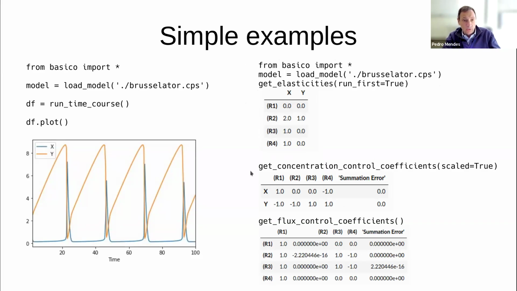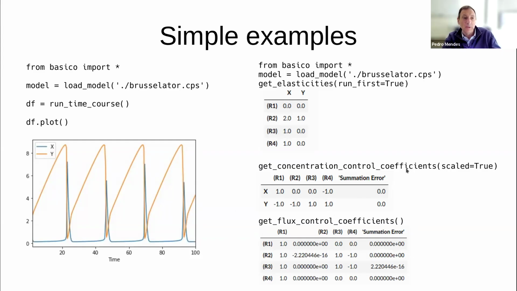Then if you want to get the control coefficients, in this case, the concentration control coefficients, again, it's just running this simple command, which will return a data frame with all the concentration control coefficients. And then finally, if you want to get the flux control coefficients, it's just another simple command, and you get a data frame that has the flux control coefficients.